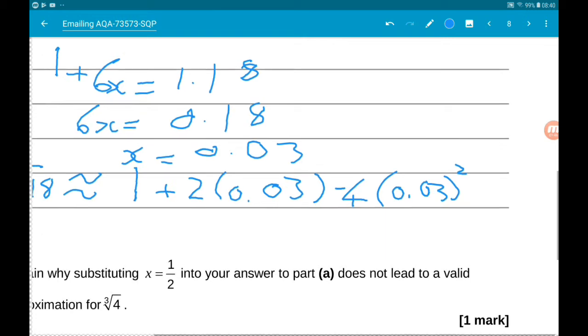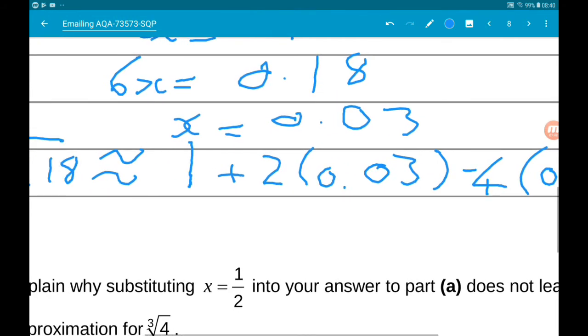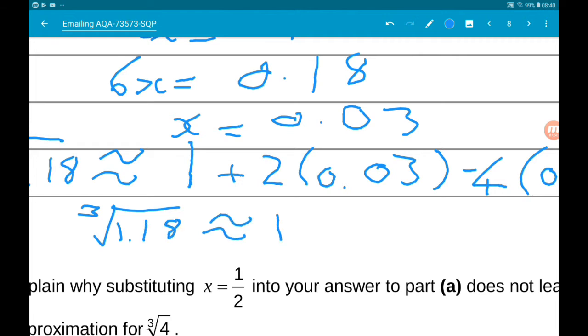Plug that in and we will get cube root 1.18 is approximately 1.0564. Cool.